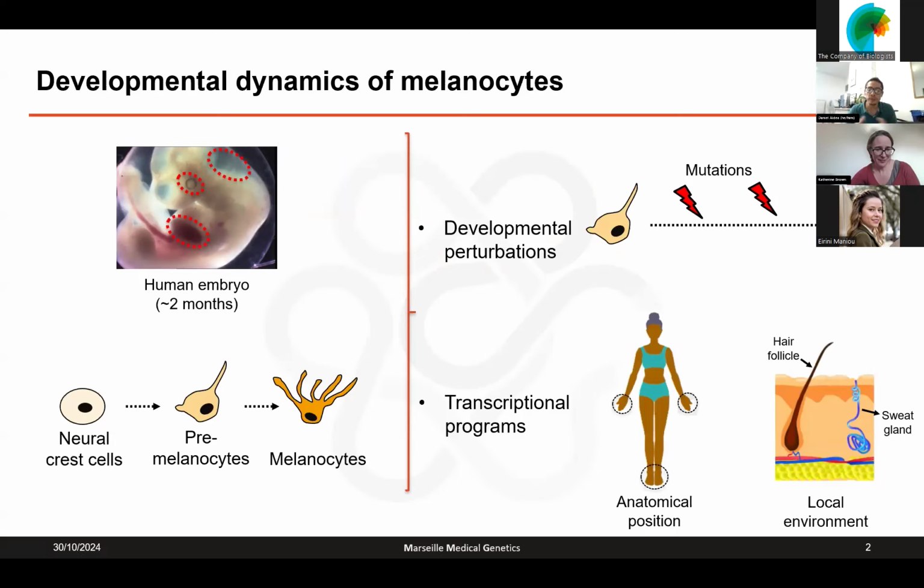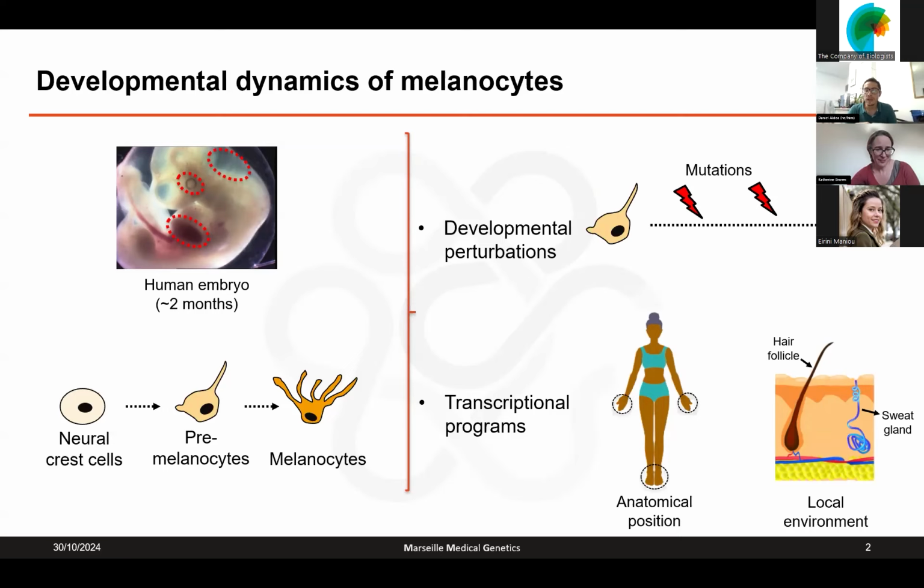During this presentation, the main story that I'll tell you about is how mutations can affect the normal development of melanocytes. And in the last 2-3 minutes, I'll tell you about how the transcriptional program of melanocytes can vary across anatomical positions or even within local environments, in this case the environment of the skin.